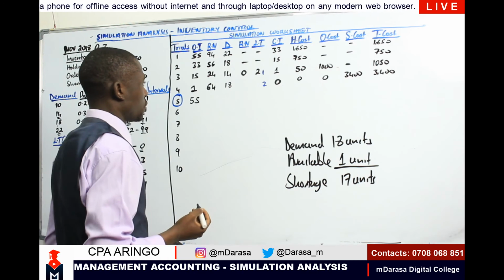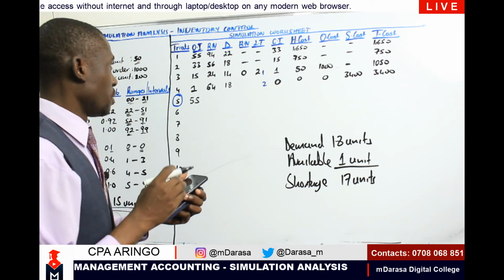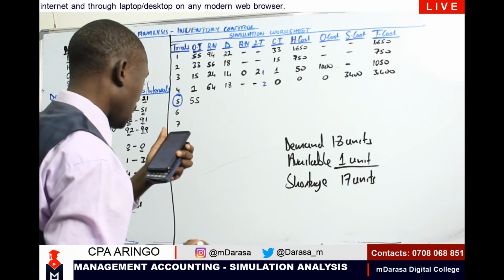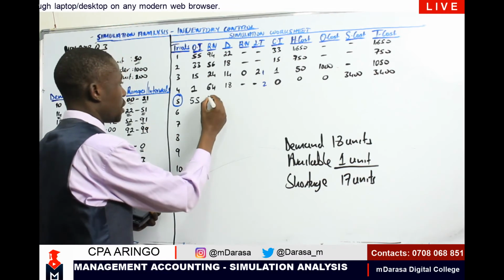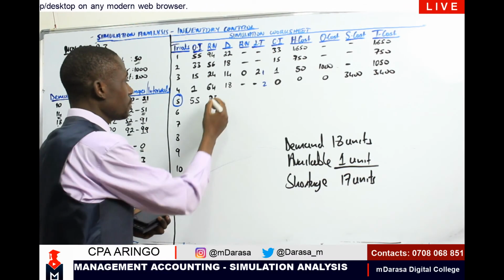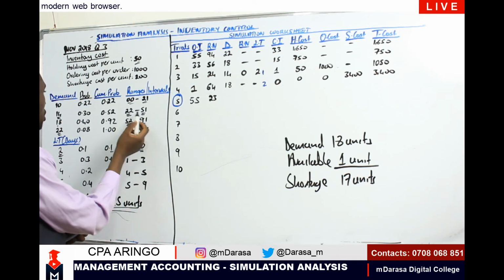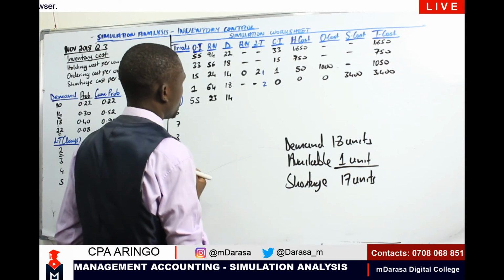being our inventory. The next random number to consider, my good student, after 64, I can clearly see I'm having 23. Random number 23, where will it fall? My 23 will fall between 22 and 51 to give us 14 units.